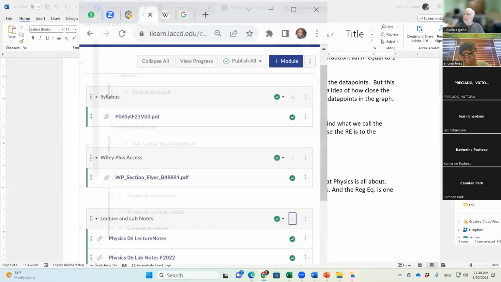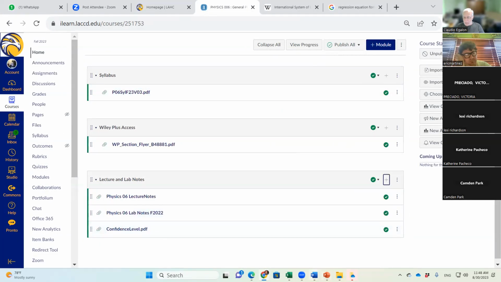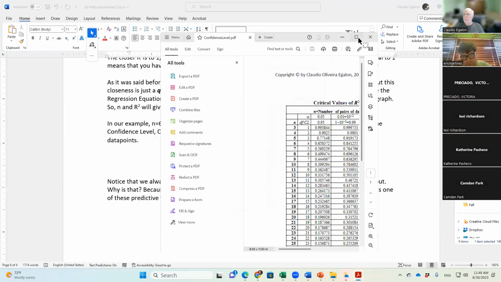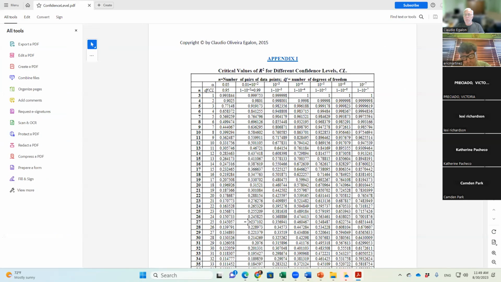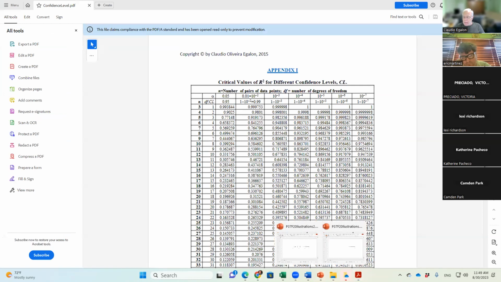You have to take a look at this table. You have to understand how it is organized. You're going to look into that over and over again. I'm going to display this confidence level table here for you, okay? And let's see if I have an illustration of how this table looks.